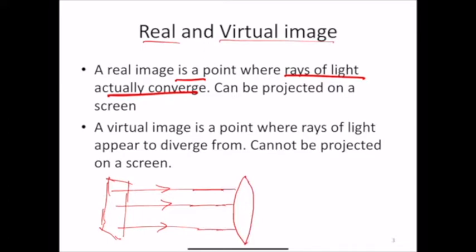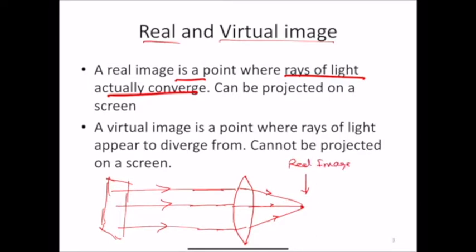So what a lens does, we'll see later on, is that as the light refracts through the lens, it makes the rays converge at a given point. All right. So this is an optical system. The lens is an optical system which makes light converge at a given point, right? So the point where the light converged is called a real image.